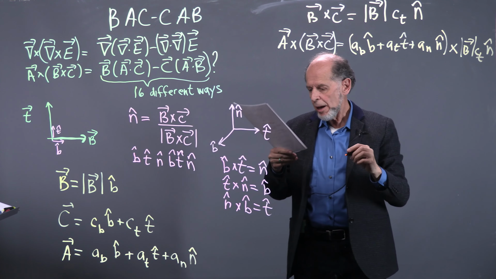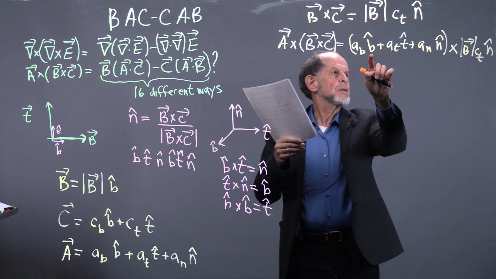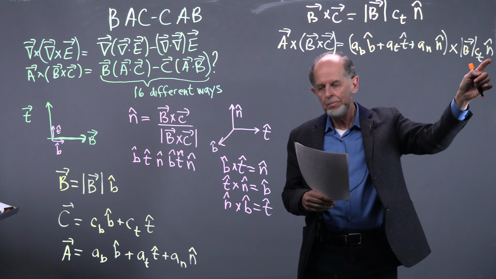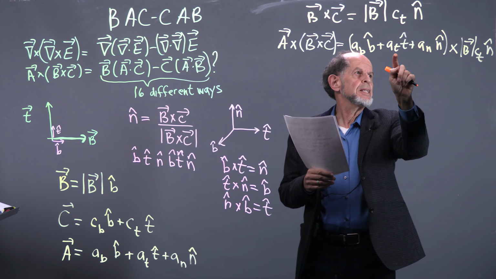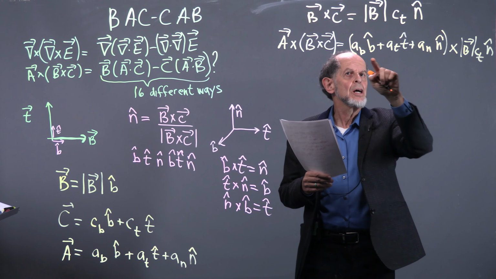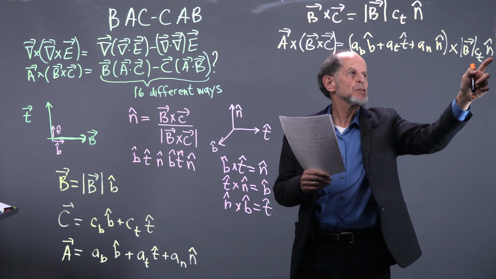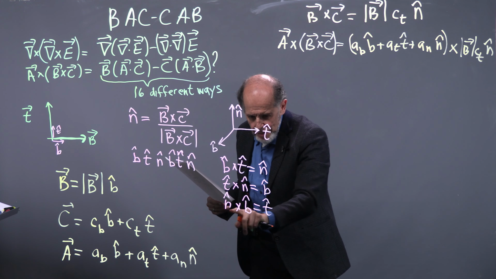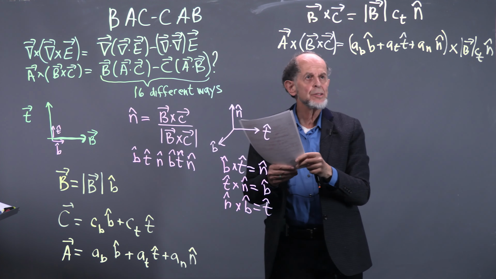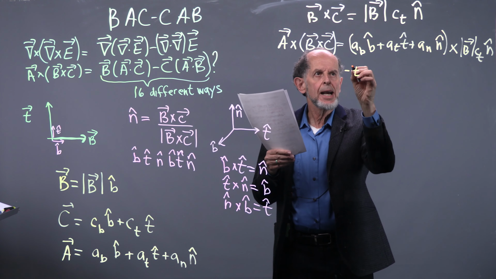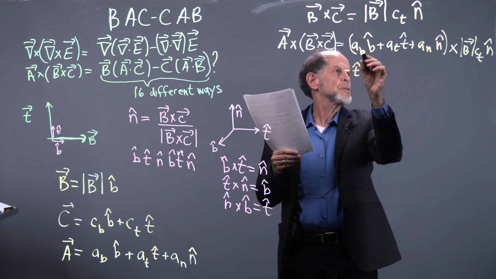Great. Now, we're going to have a B hat crossed with an N hat, and we're going to have T hat crossed with N hat and N hat crossed with N hat. So B hat crossed with N hat, that looks like minus T hat. So we get minus T hat times the numbers.